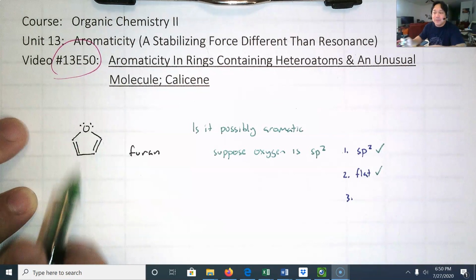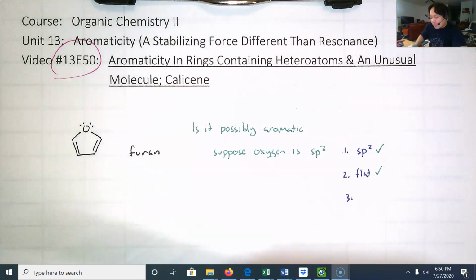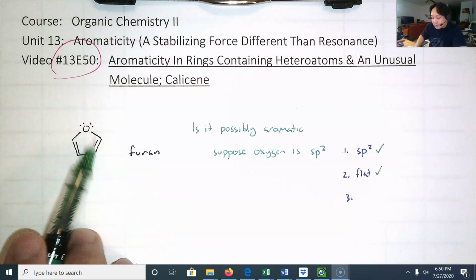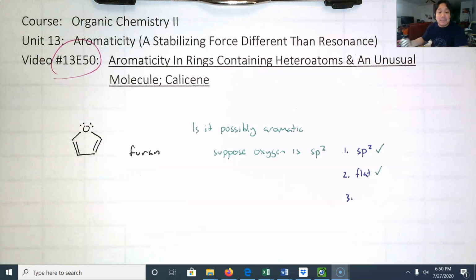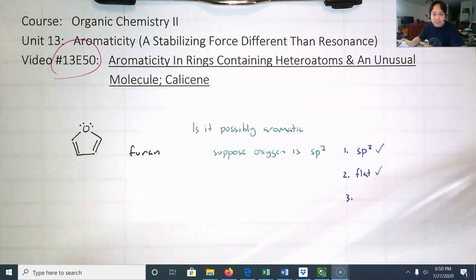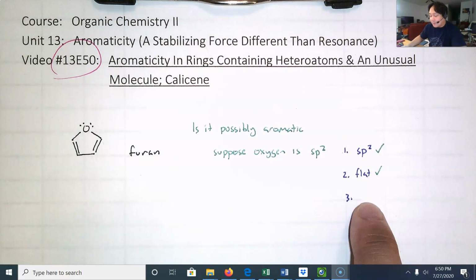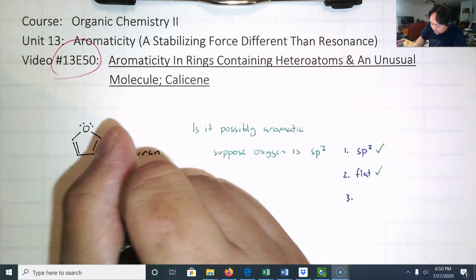How could those electrons be delocalized with the other p orbitals if that oxygen itself did not have a p orbital? Now here's the analysis though. How many lone pairs are in the p orbital? Do we count those as pi electrons when we figure out if it follows Huckel's rule? So these are questions that we'll need to answer.